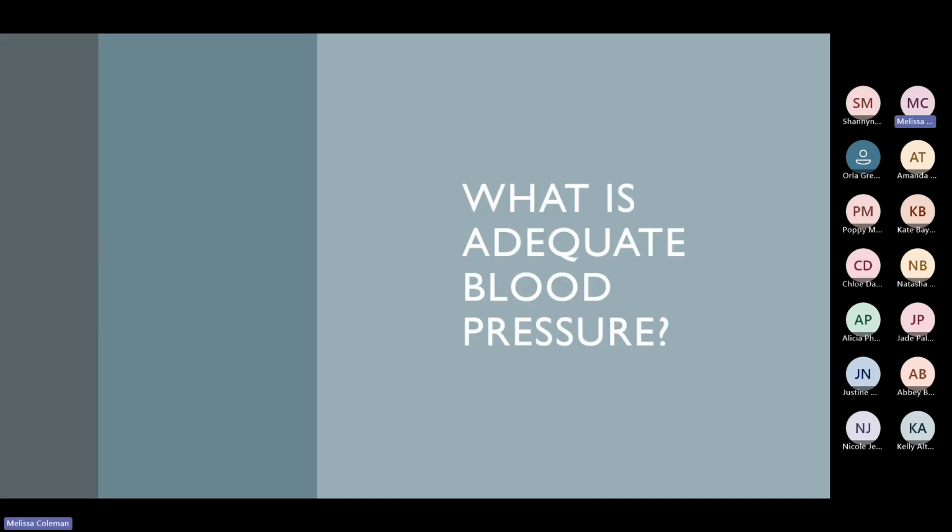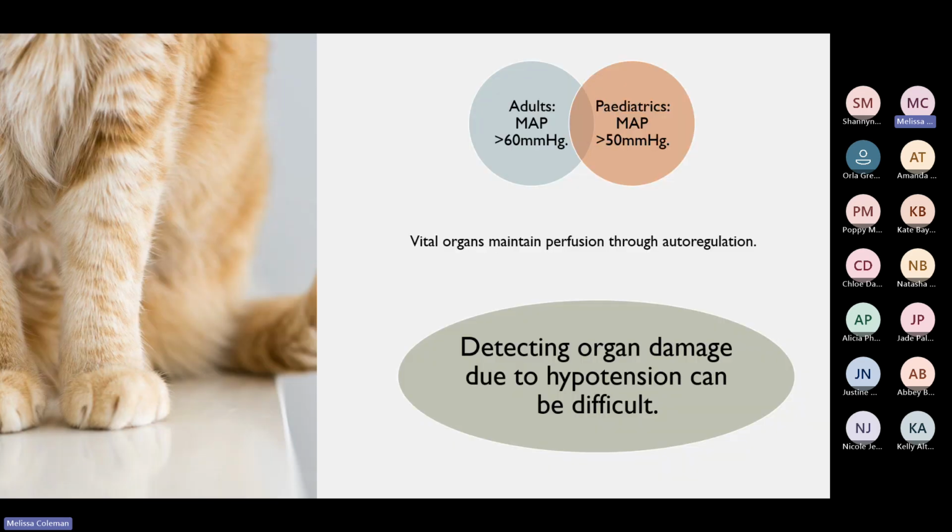So what is adequate blood pressure when we've got a patient under anesthesia? We do aim to keep our adults at a mean arterial pressure of above 60 under anesthesia. With our pediatrics, we can aim to have them above 50. I don't know if you guys have ever tried to anesthetize something very small.